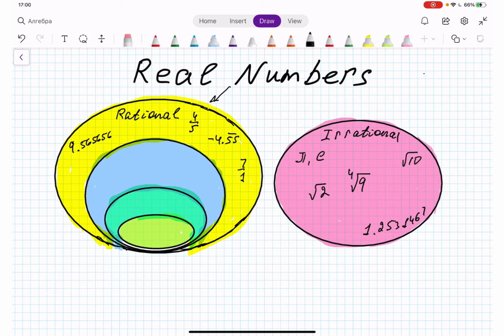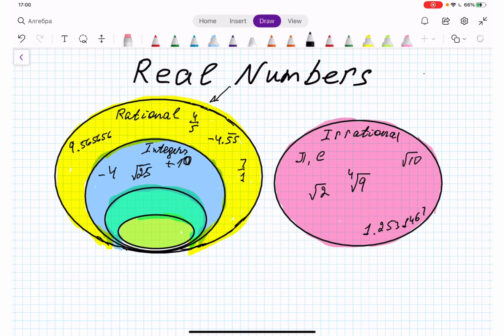Next, part of rational numbers we call integers. Integers can be -4, positive 10, square root of, let's say, 25, because it's also an integer, positive 5 comes out.